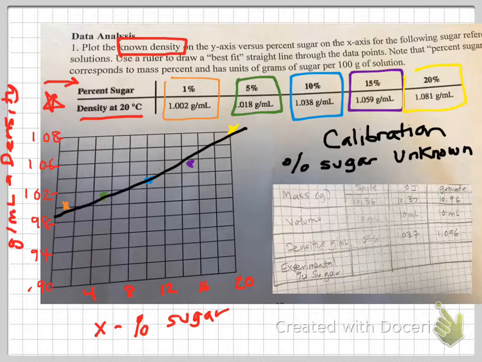So what we're going to do for Sprite, I will use this color and I'll find 1.036. 0.036 is probably around here. And I will connect 1.036 to this black line. And then I'm going to go down. And where I go down, it's not perfect. I'm just going to estimate that that is about 8.7% sugar.